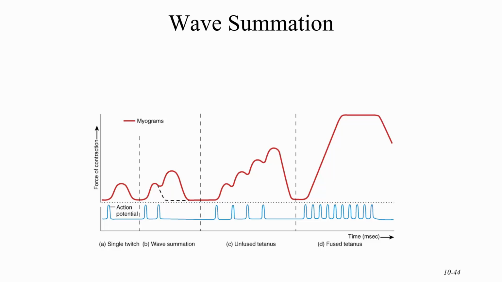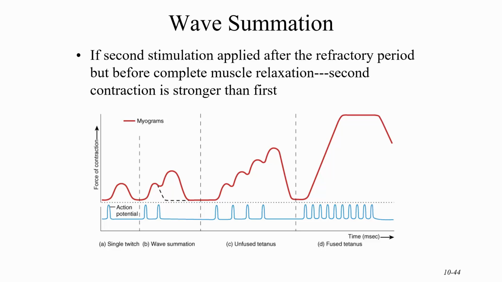And then let's take a look at wave summation. If a second stimulation is applied after the refractory period, but before complete muscle relaxation, a second contraction is stronger than the first. In other words, they can sum up or add up and stack up on each other. So here's our twitch reaction.